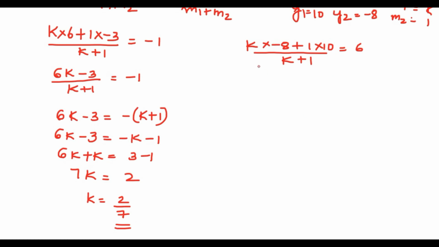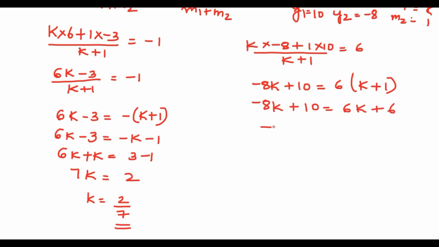If you do this part, any one coordinate you can equate and do. If you use the y coordinate also, you will get the same answer. -8k plus 10 equal to 6 into (k plus 1), cross multiply. -8k plus 10 equal to 6k plus 6, so -8k minus 6k equal to 6 minus 10, -14k equal to -4.